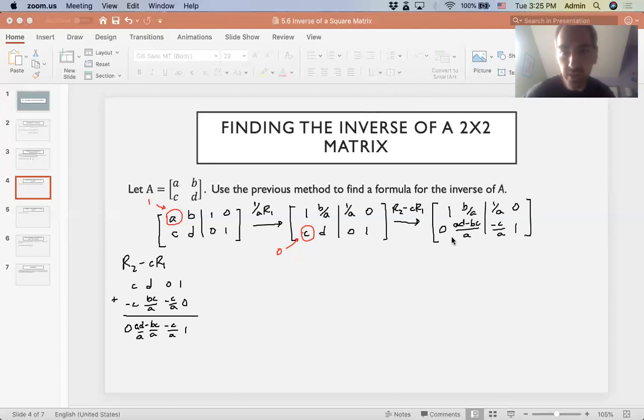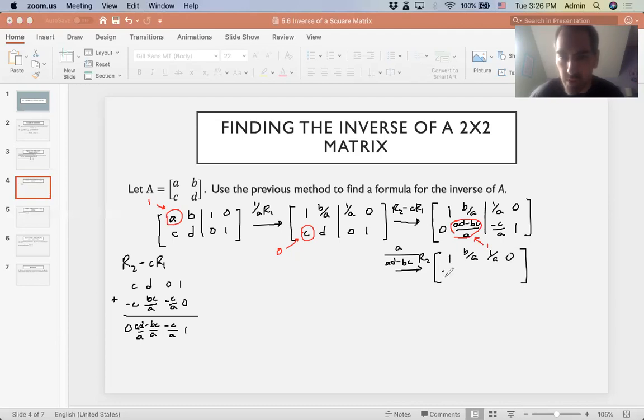So now we want the second entry in the second column to be 1. I can do that by multiplying by its multiplicative inverse, which is this fraction just flipped. In other words, we are multiplying by A over AD minus BC. That's 1, B over A, 1 over A for row 1.